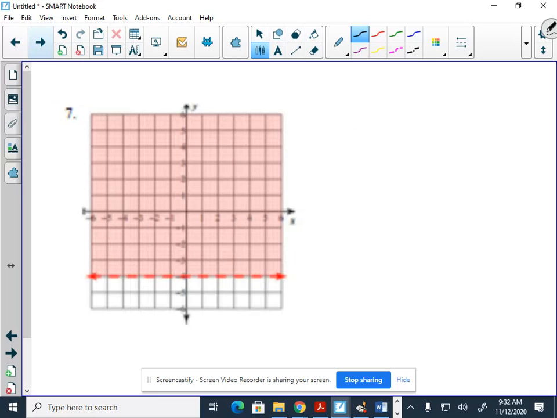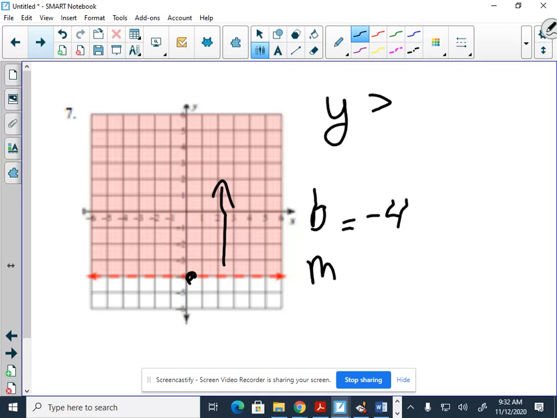All right, number 7. Same thing. Y is, what's the sign? Greater. Do we put the equal? No. Now, we need an M and a B. B is, careful, change it, negative 4.